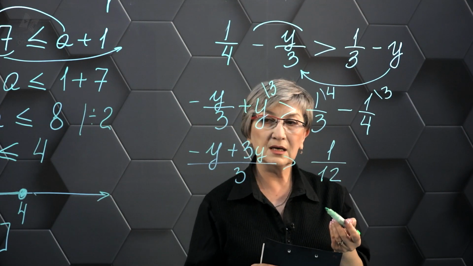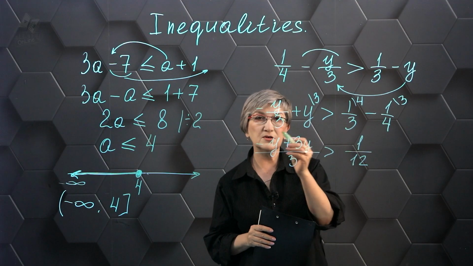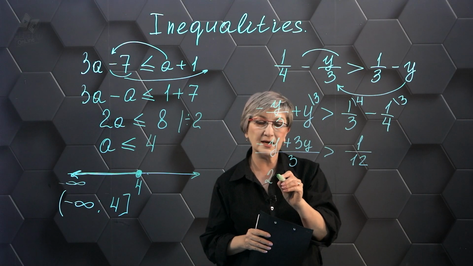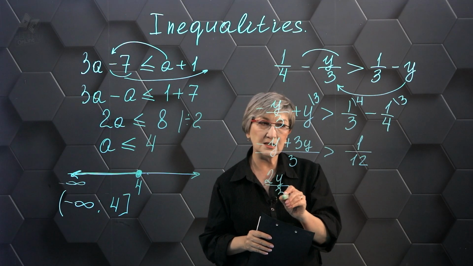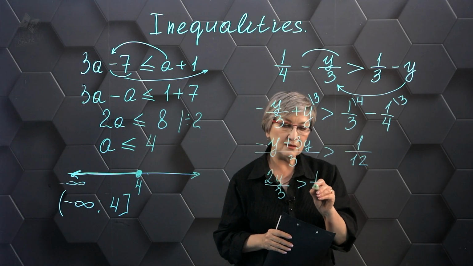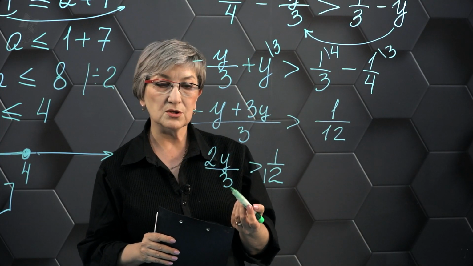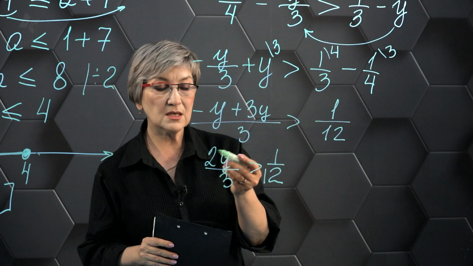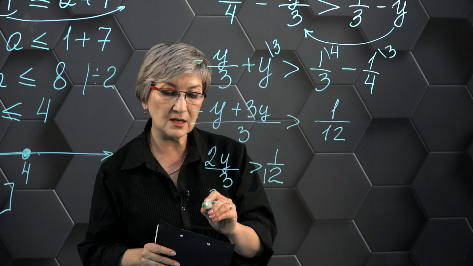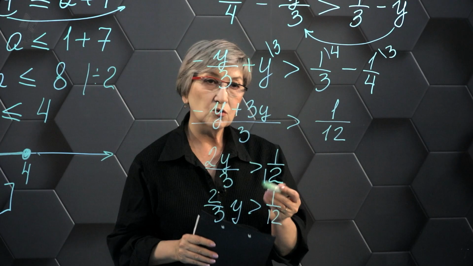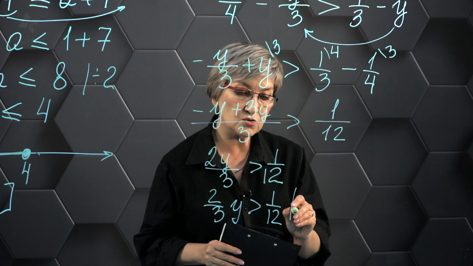Calculating the left-hand side: minus y plus 3y is 2y, divided by 3 is greater than 1/12. How do we proceed in this case? If I write down the left part as 2/3 of y greater than 1/12, then I need to divide the left and right parts by 2/3.